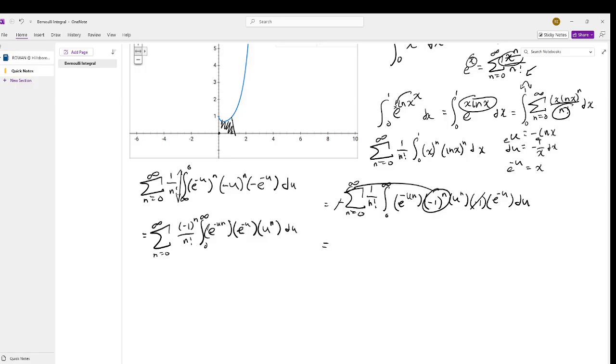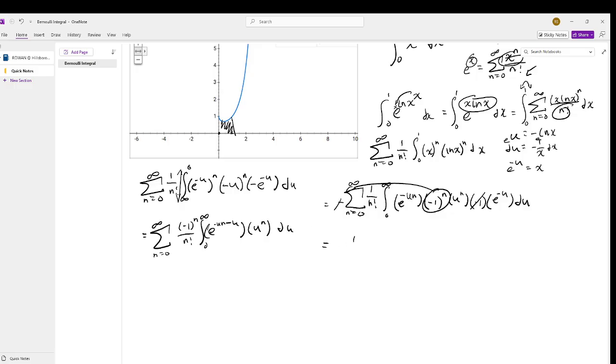Next, I'm just going to erase it, I don't want to rewrite this. We're going to combine those exponents. So we're going to get negative u to the n minus u times u to the n du.